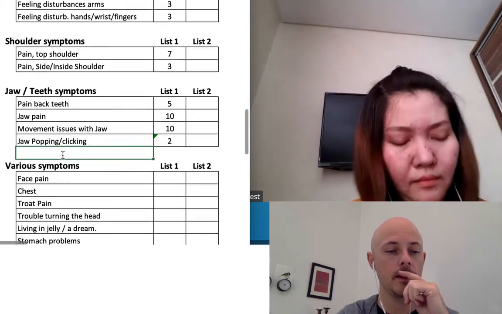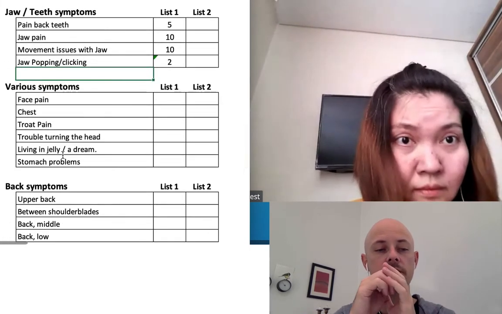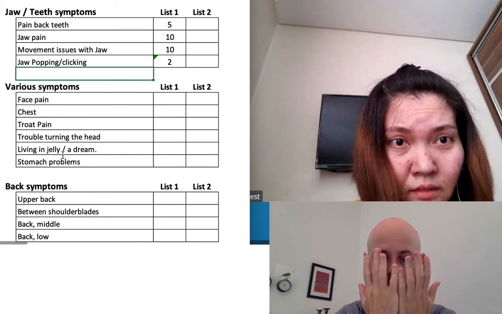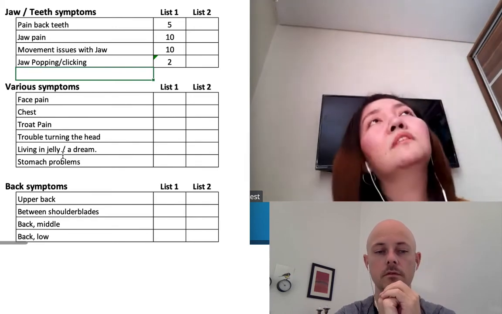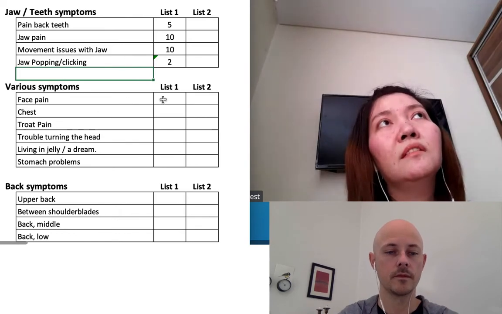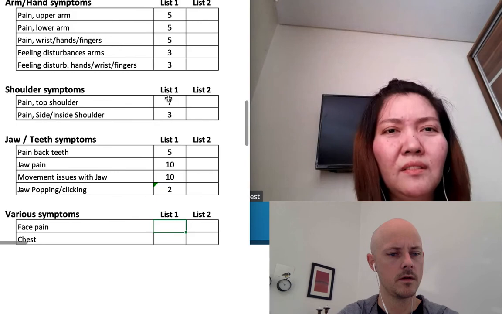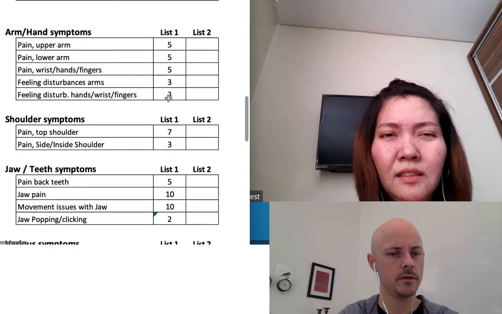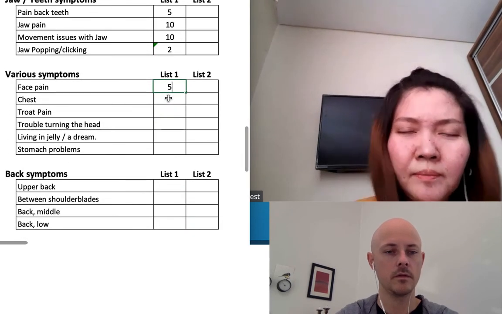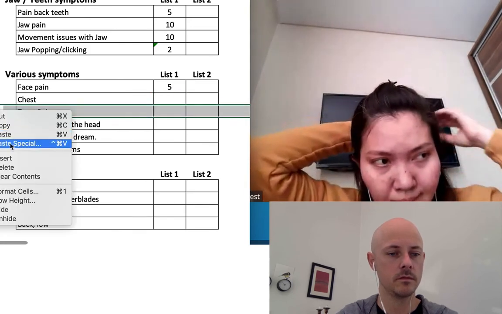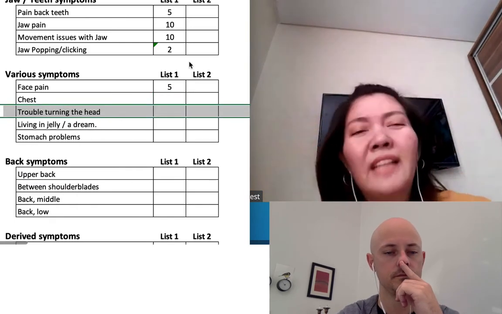And then we have some various symptoms. The first one is general facial pain. 5. Yes. And then we have pain in the chest. 9.